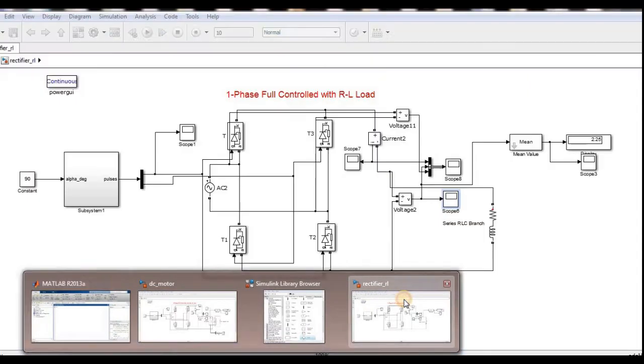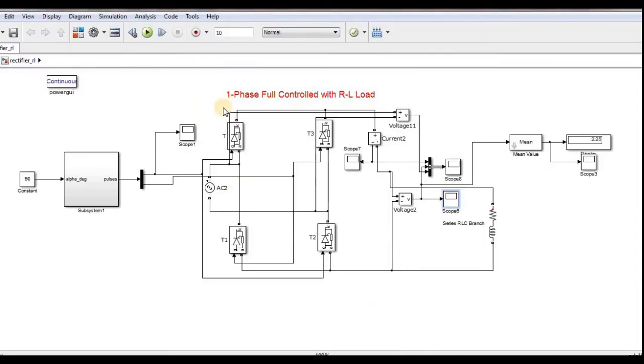See, this is my single phase fully controlled rectifier with R load. This is my firing angle here. This is the constant I have taken, and this is the firing angle. Based on this angle I will generate the pulses, so that based on the pulses the rectifier can generate different levels of voltages.